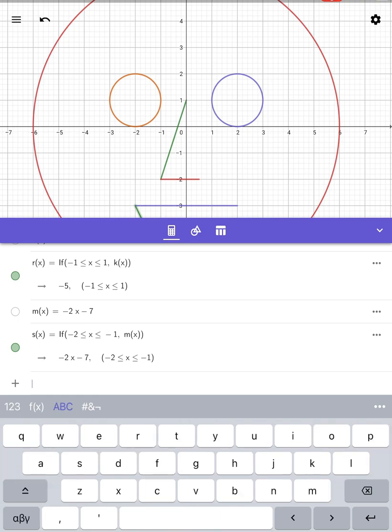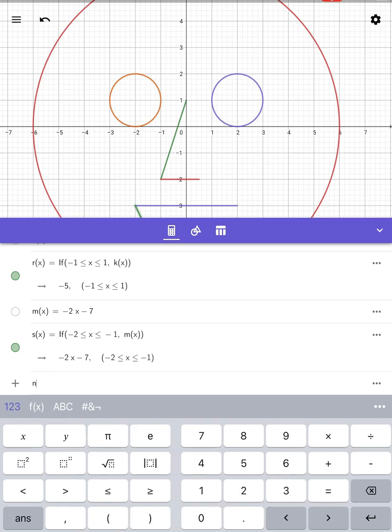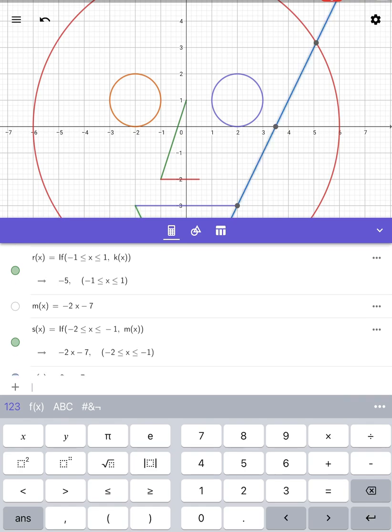So next is the NX. The NX equation is equal to the other side, which is the 2x minus 7. And then the condition is between 1 and 2.